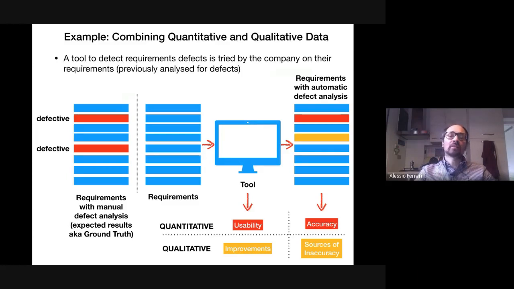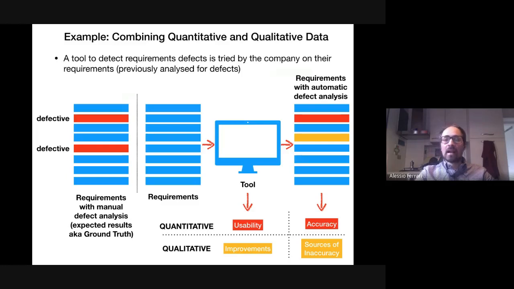From the usability point of view, you want to have a quantitative analysis by means of a standard questionnaire given to different requirements analysts of the company, for example. From the qualitative point of view, you want to interview these people that used the tool and filled out the usability questionnaire, to ask them for improvements. You want, for example, to organize a focus group.